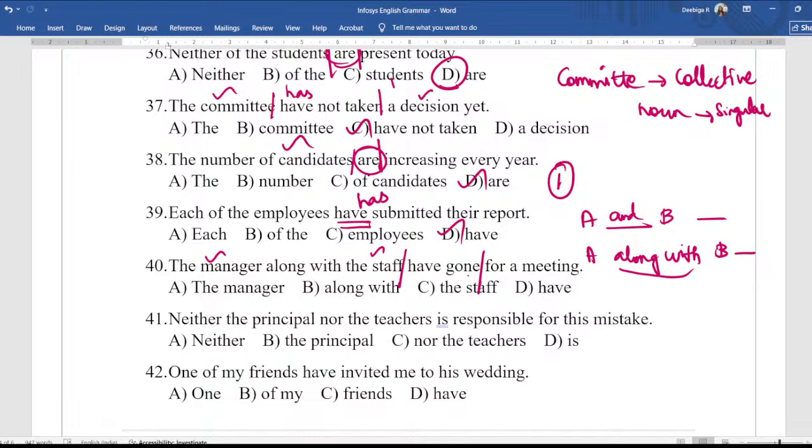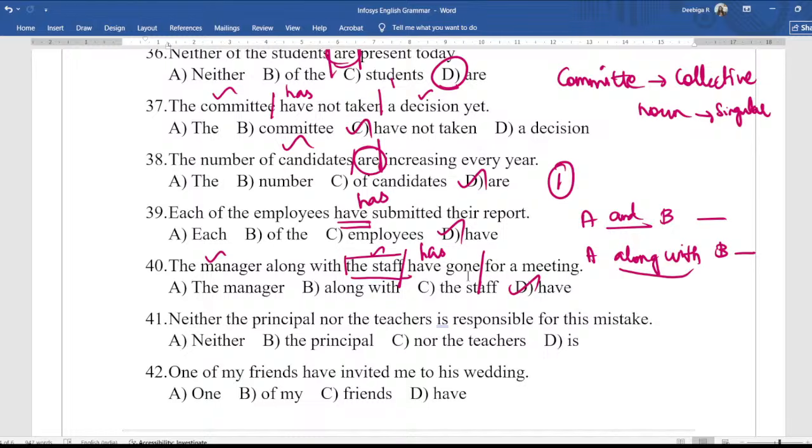If one is singular and one is plural, or if one is plural and one is singular, you would take this subject over here. The subject is the staff. Staff is a collective noun. They're talking about not a singular staff but a collection of staff. So you use a singular verb over here, and the singular verb for present perfect is has. The manager along with the staff has gone for a meeting. So the wrong one is over here.